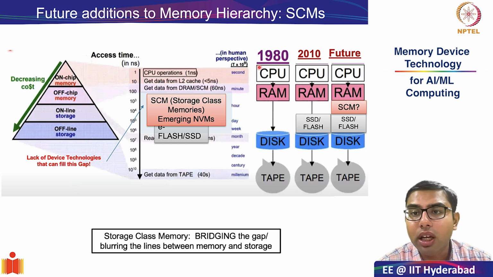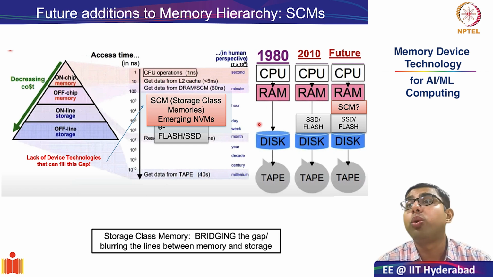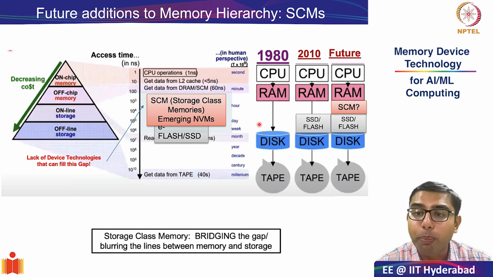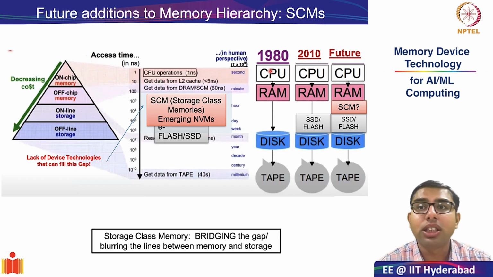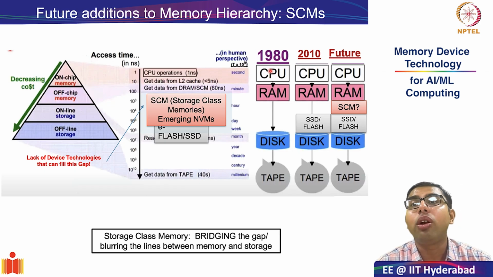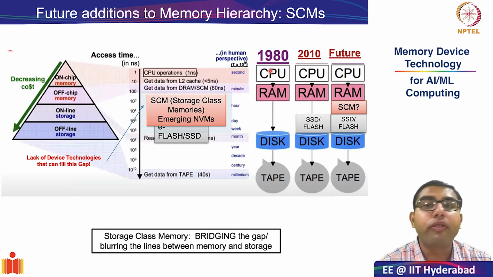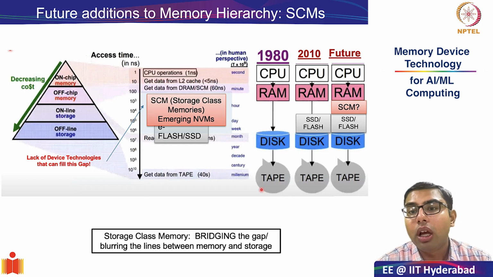In the 1980s, we had access only to SRAM and DRAM, so the memory hierarchy was relatively simple. You had your CPU subsystem along with its caches, which had SRAMs, and the next element was your main memory consisting of DRAM.